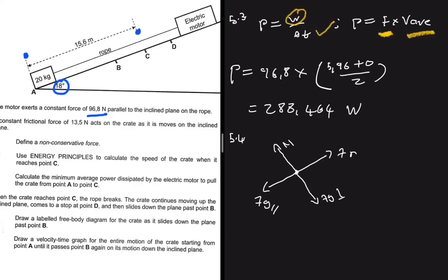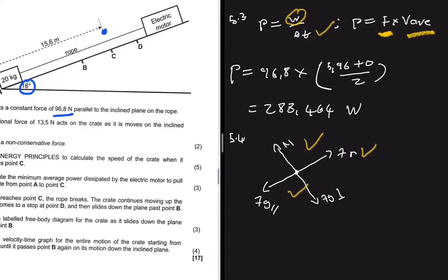So I'm expecting 1, 2, 3. I'm expecting this question to be out of 3 marks because we have identified 3 forces. And indeed it is. So now I'm convinced that I have the correct free body diagram because my number of forces correlates with the marks for the question.